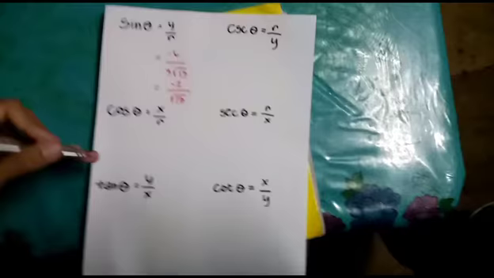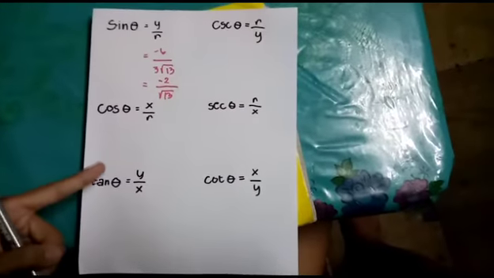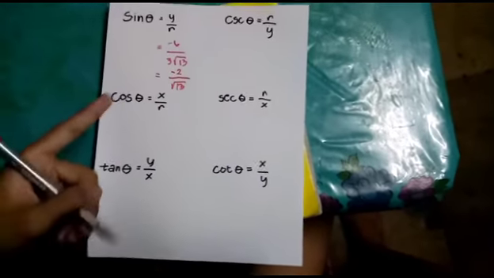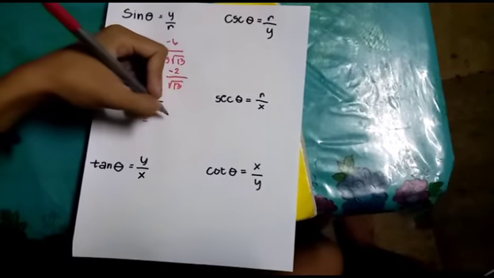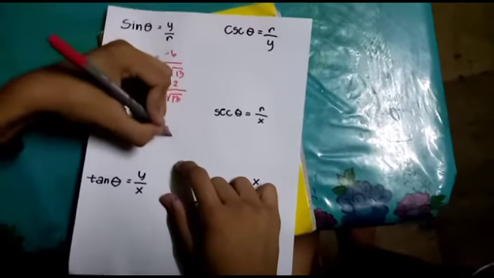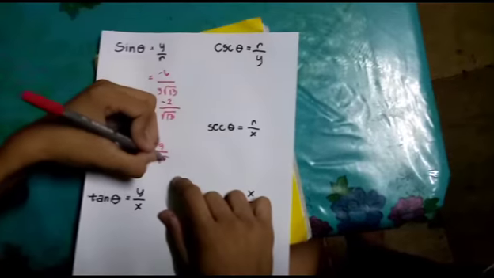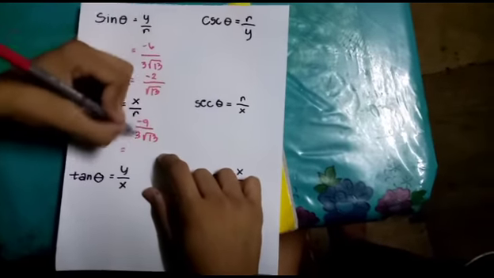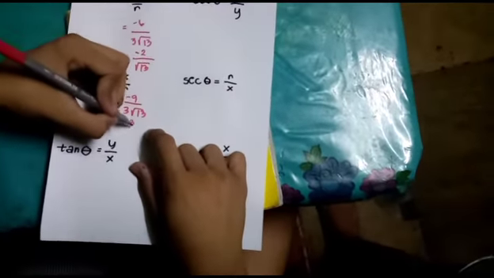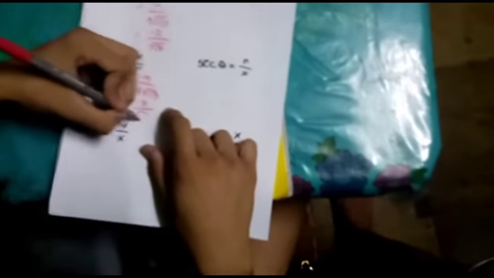Next is the cosine theta, which is x over r. We substitute it again. -9 over the radius. Now simplify, divide it. This becomes -3 over the square root of 13.